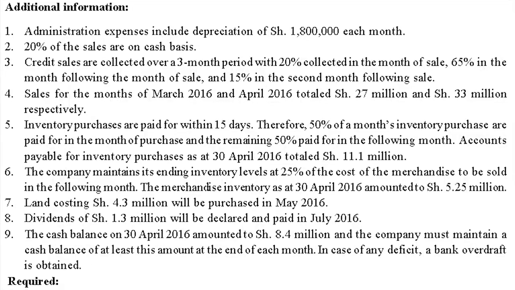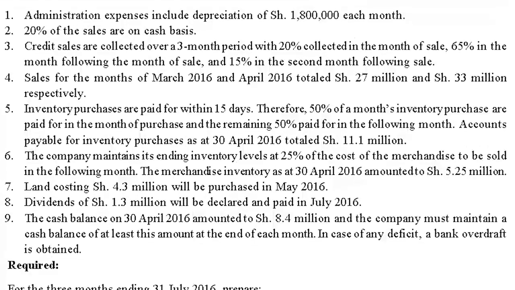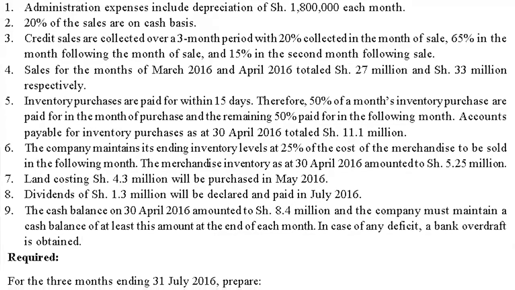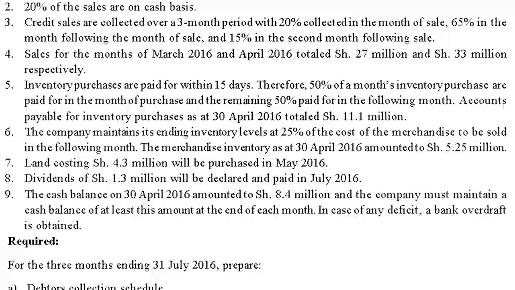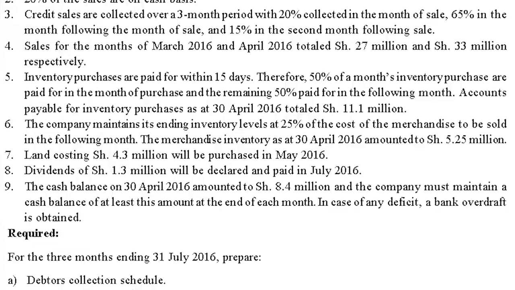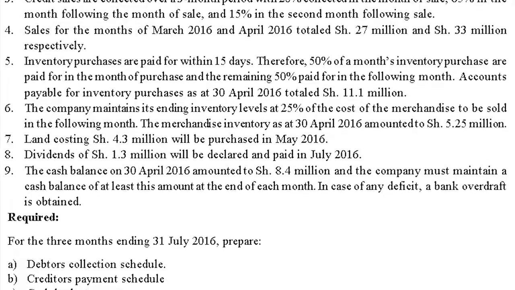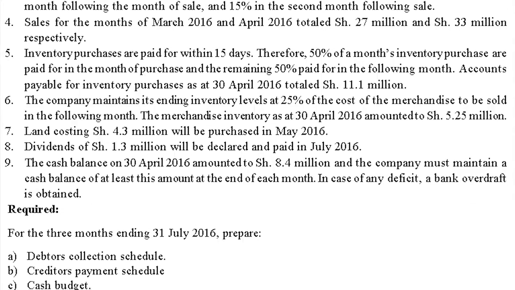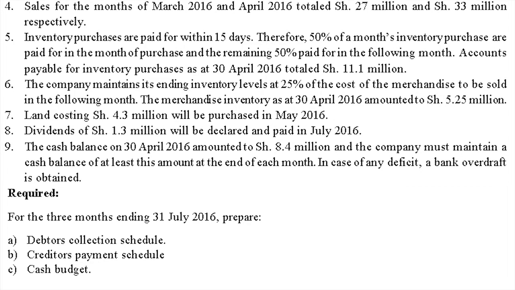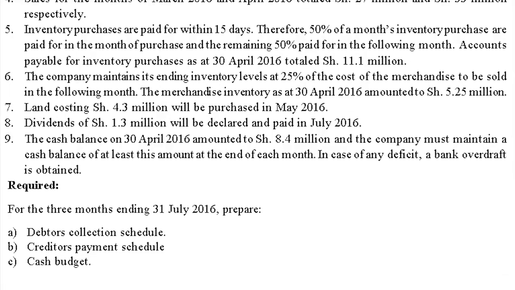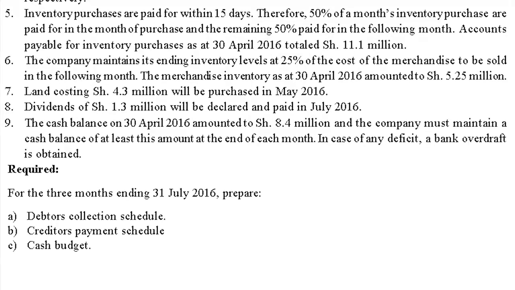Number 6, the company maintains its ending inventory levels at 25% of the cost of the merchandise to be sold in the following month. The merchandise inventory as at 30th of April 2016 amounted to shillings 5,250,000. Then number 7, land costing shillings 4.3 million will be purchased in the month of May 2016.